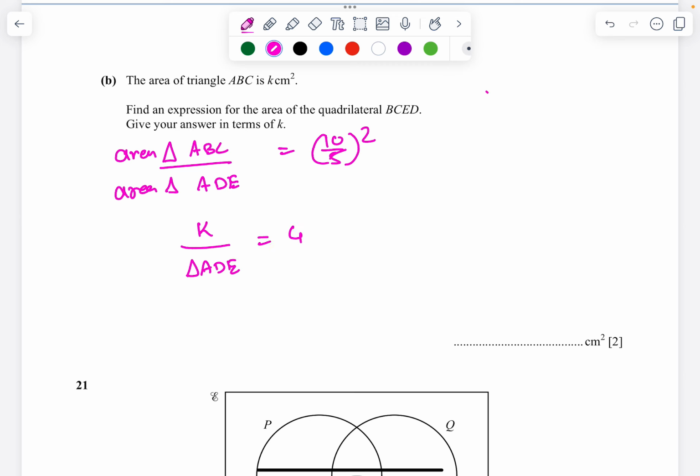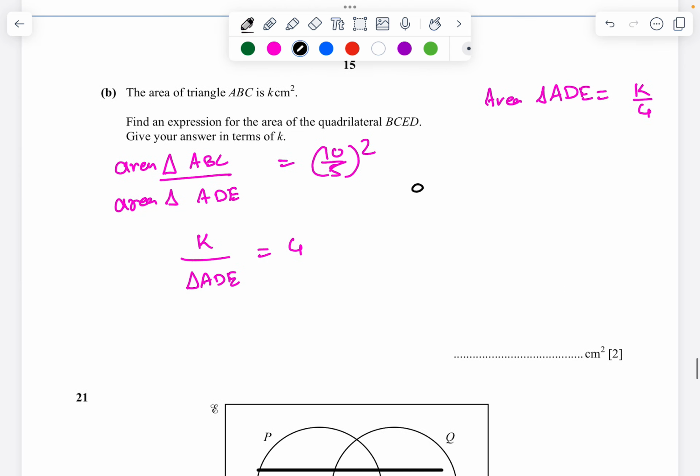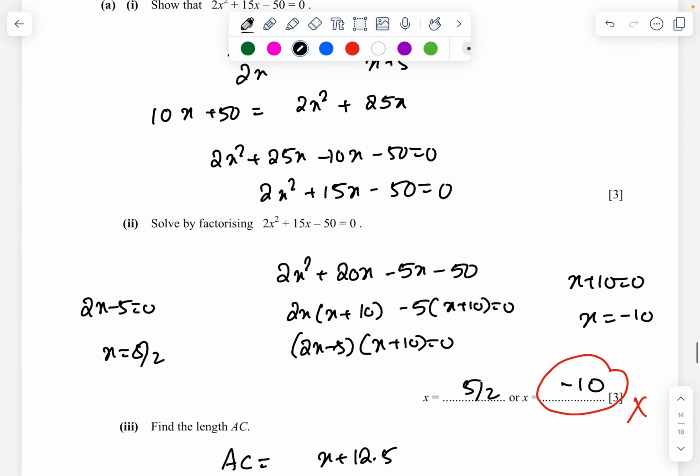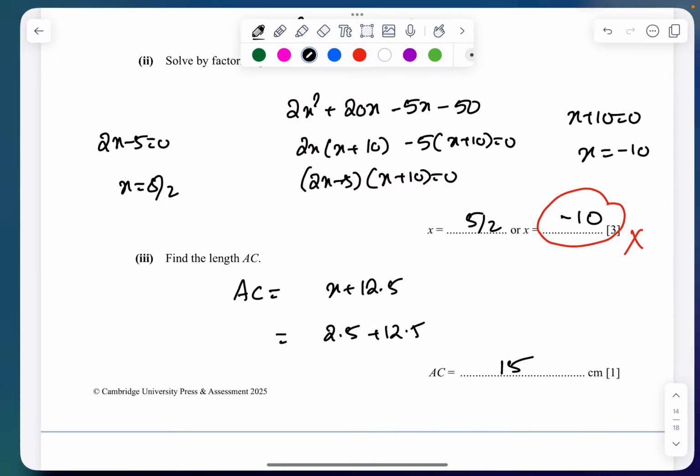So what's going to be the area of triangle ADE? k upon 4. So the area of the quadrilateral will be k minus k upon 4, which is going to be 3k upon 4. Total is k, so out of that k upon 4 is gone, so the quadrilateral will be 3k upon 4.